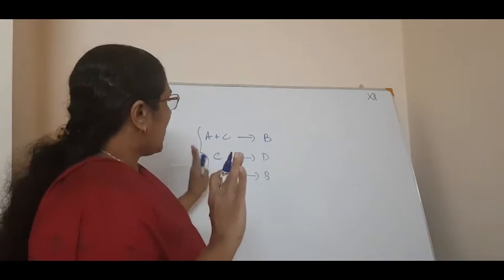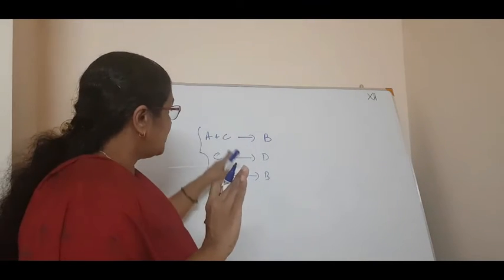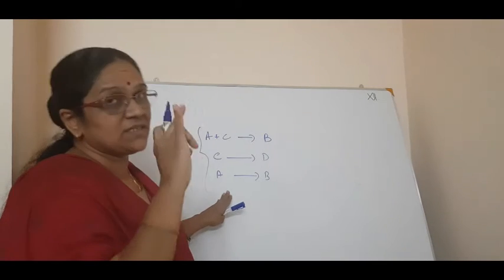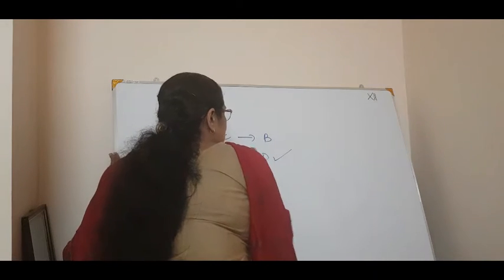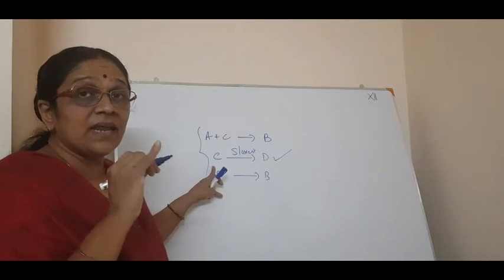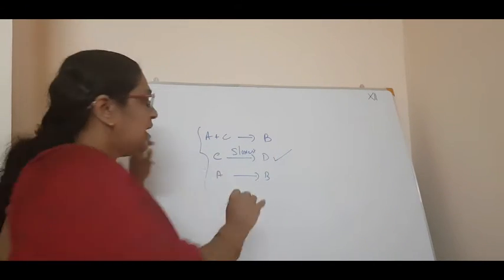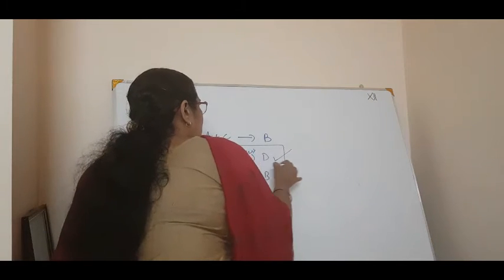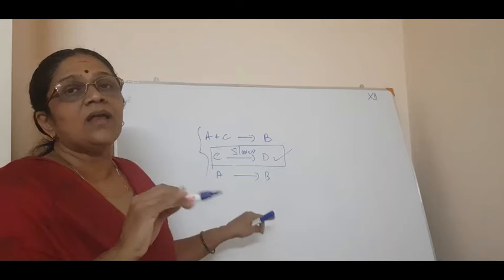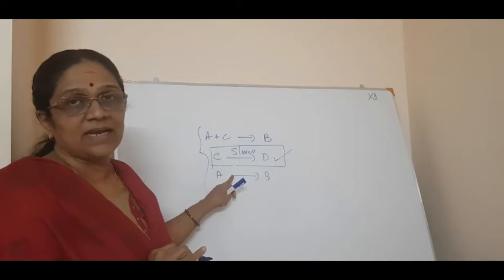Okay. So what happens is, out of the 3 steps, one step is the slowest step. If I say this step is the slowest step, that step is the rate determining step, it is very, very important, and this step will determine the rate of a reaction and also the order of a reaction.